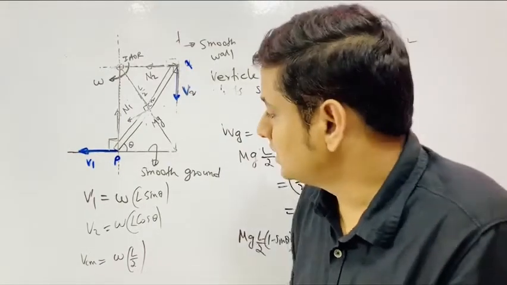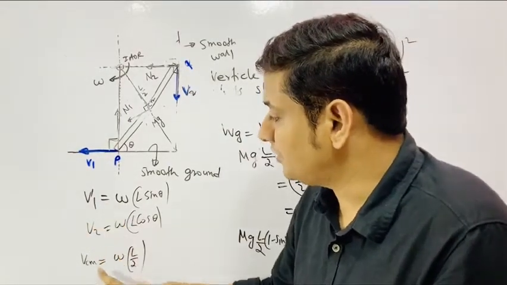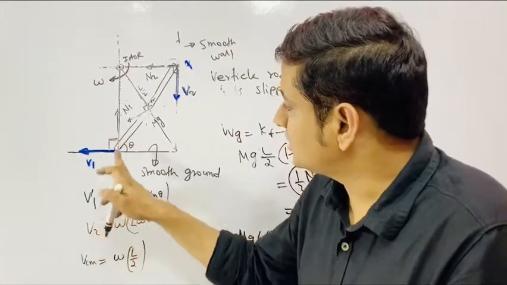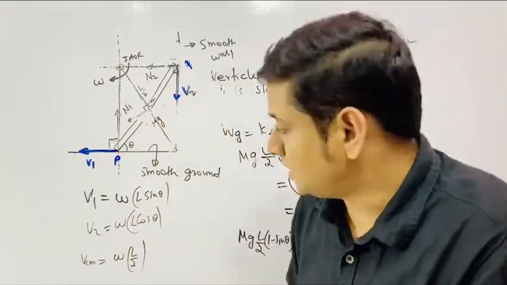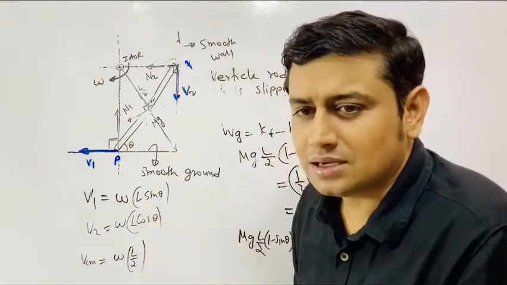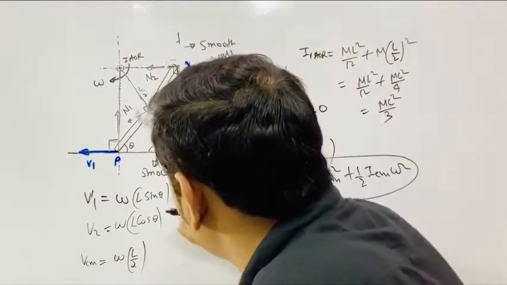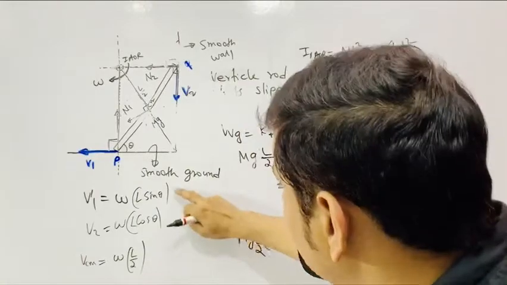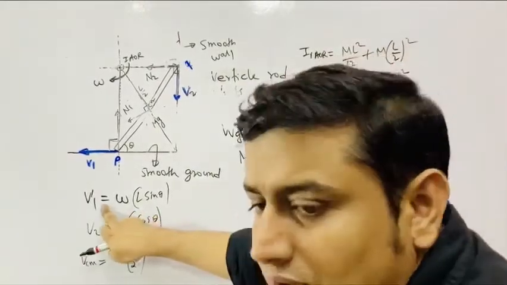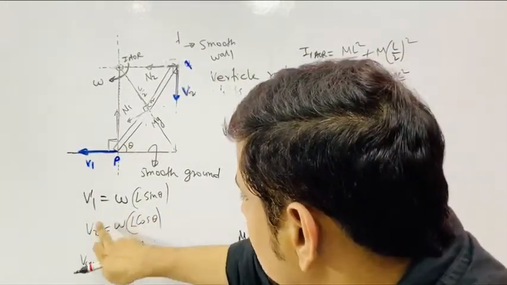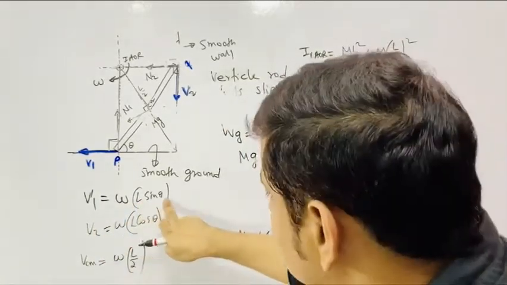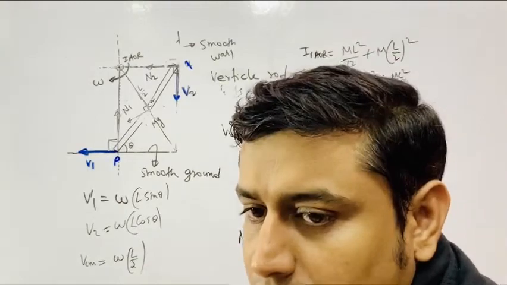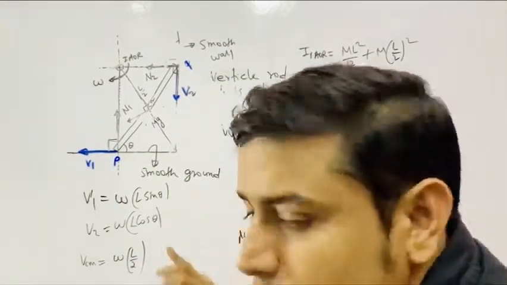If now I ask, what is the relationship between V1, V2 and VCM? What is the relation between V1, the speed of this point, the speed of this point, and the speed of the center of mass? Then I can eliminate omega L. How? If I square these two and add, I would get V1 square plus V2 square, which is omega square L square common, times sin square theta plus cos square theta, which is 1.